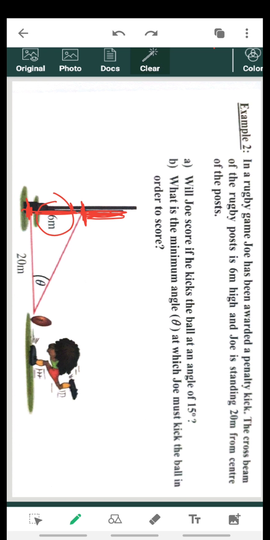Remember, if his angle is exactly 16,7 degrees, he will not score. So theta must be greater than 16,7 degrees, not including 16,7 degrees, so that he will score the goal.